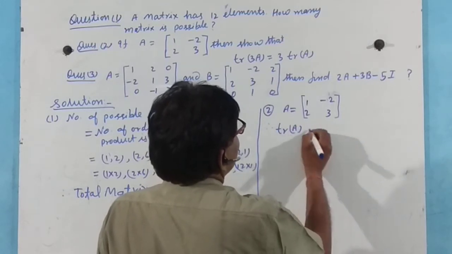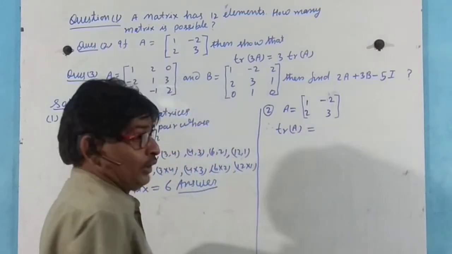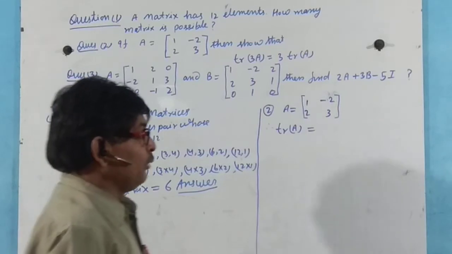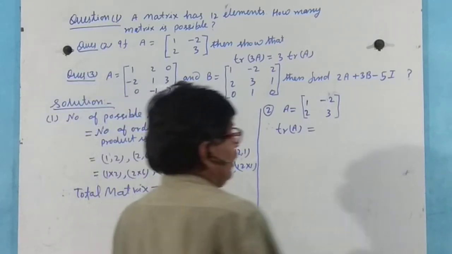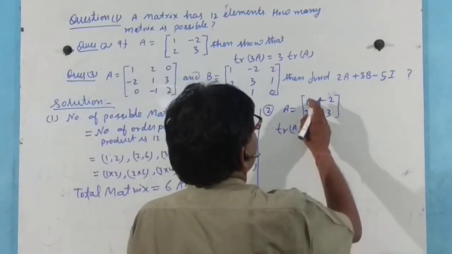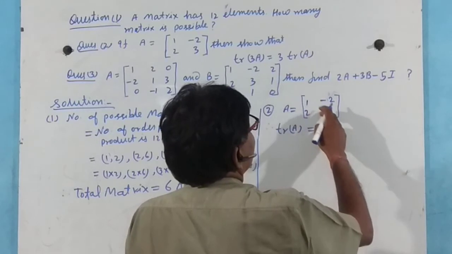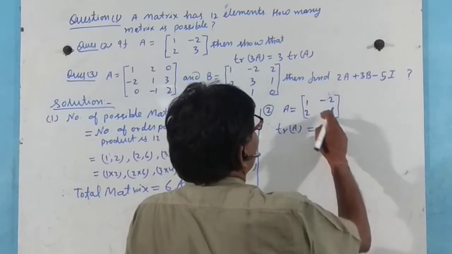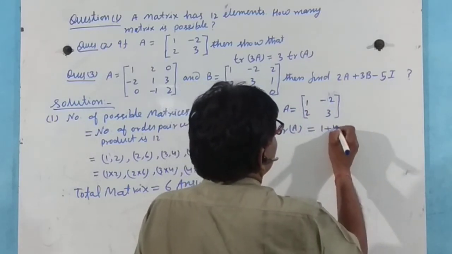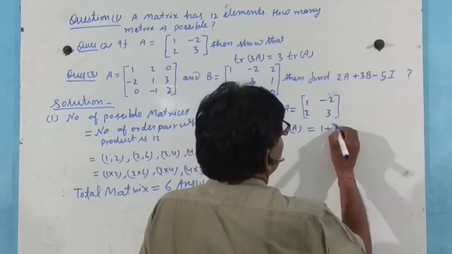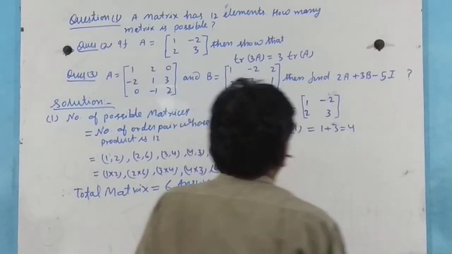Trace A equal to the sum of the elements of the principal diagonal, 1 plus 3, that is equal to 4.